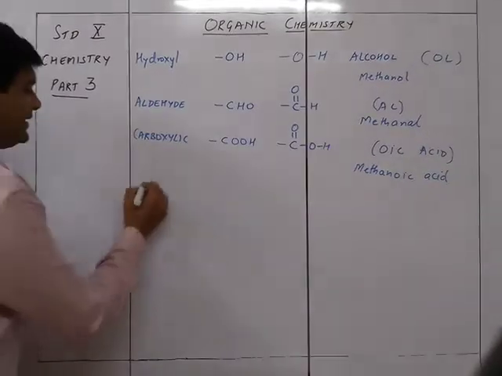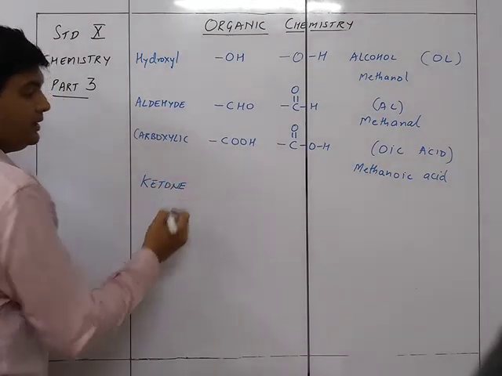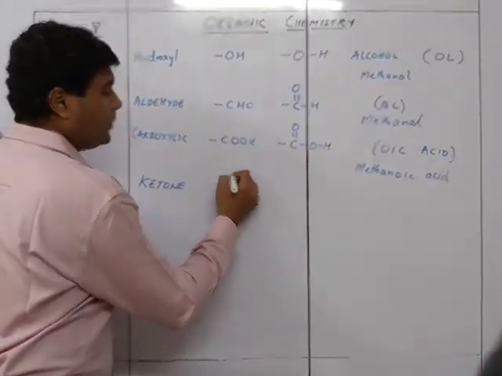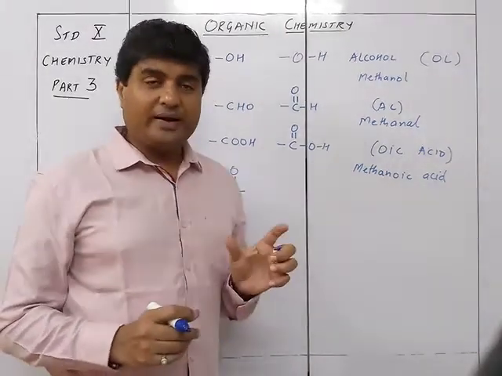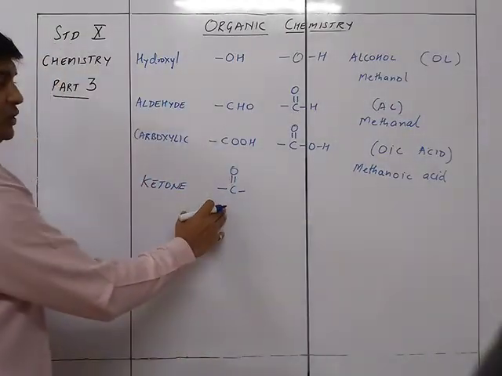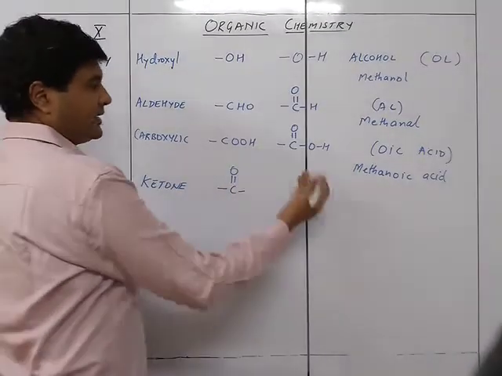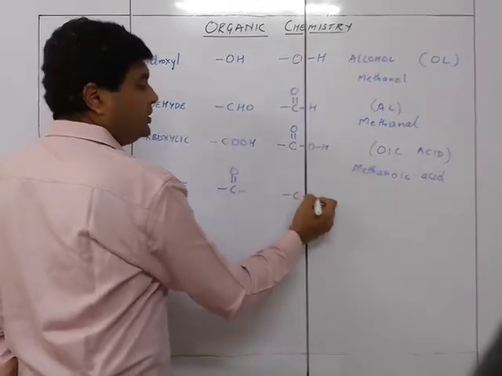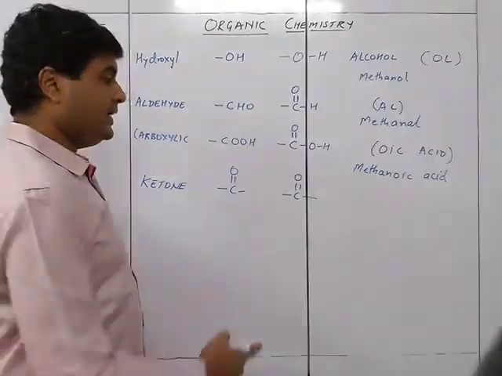The next one is ketone. Ketones are those in which there is a C with a double bond O in between two carbons. When it is like this, it is called a ketone. If in a branch there is an O like this, then it is a ketone.